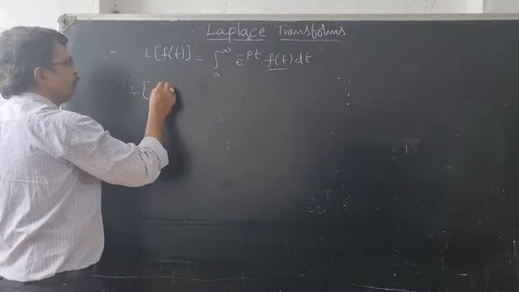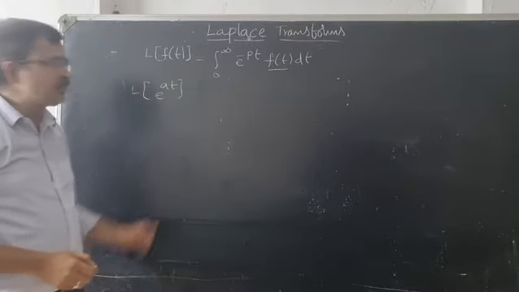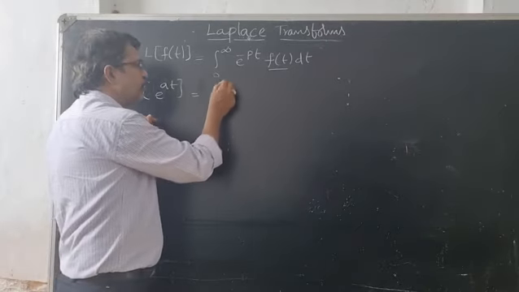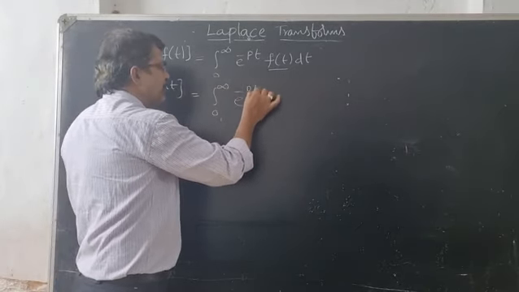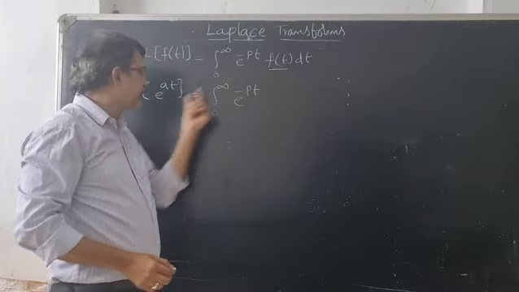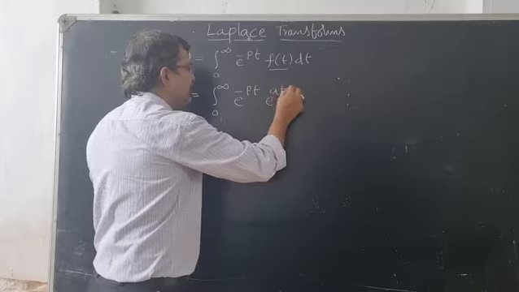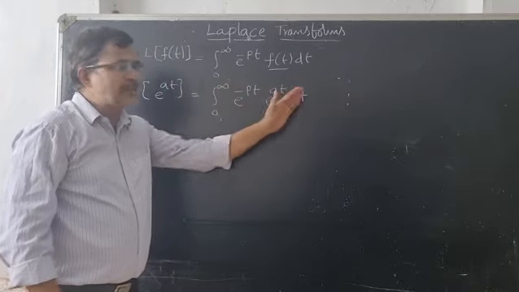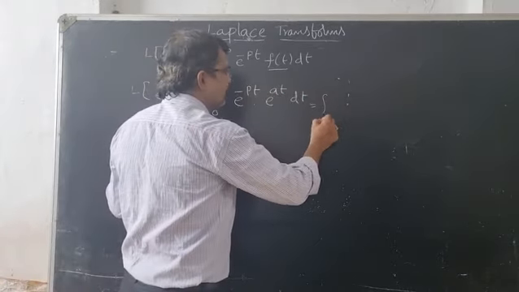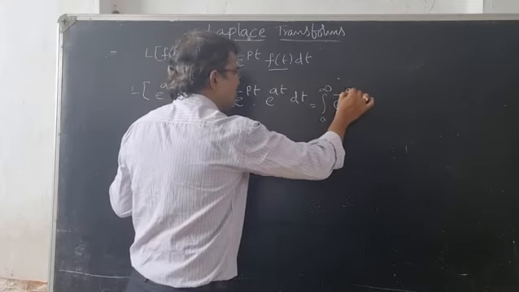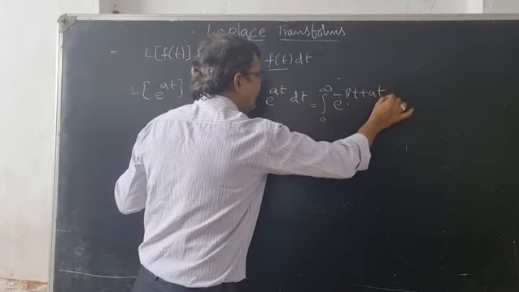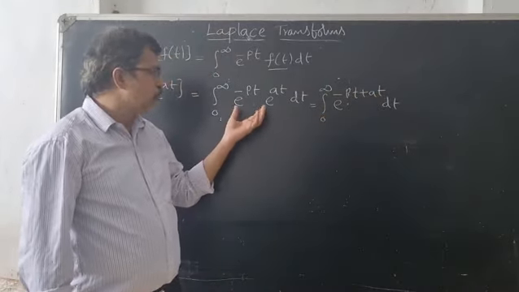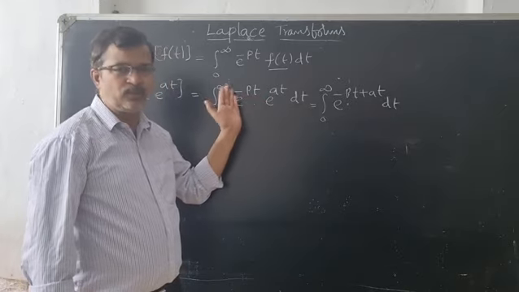Laplace of e^(at): in place of f(t), we have e^(at). So the integral from 0 to infinity of e^(-pt) into e^(at) dt. In multiplication with the same base, we can add the powers. So this is equal to the integral from 0 to infinity of e^(-pt + at) dt.